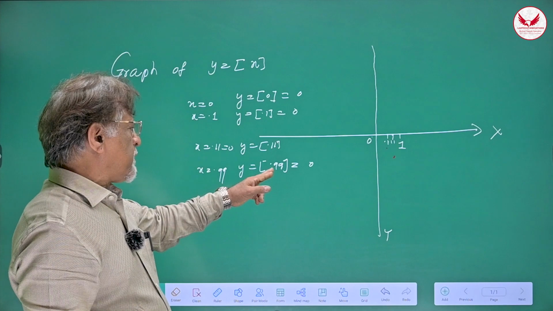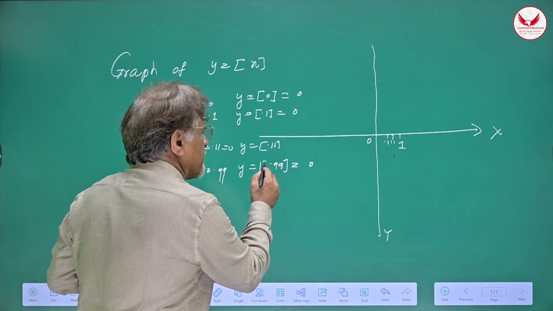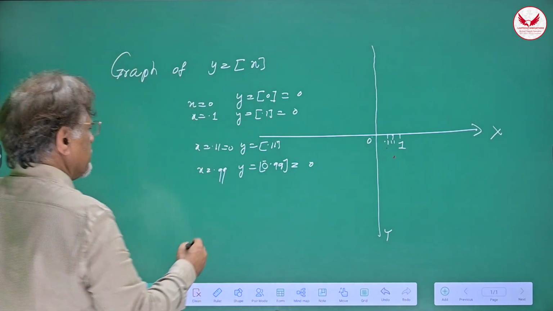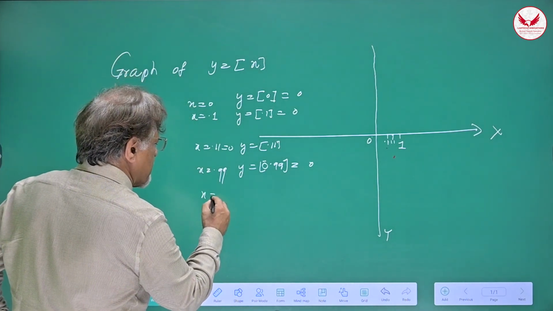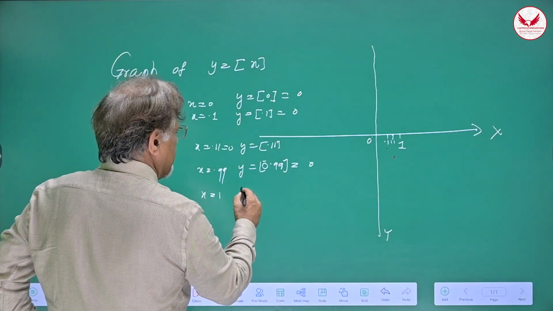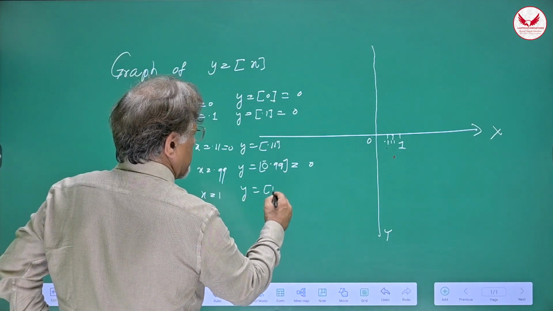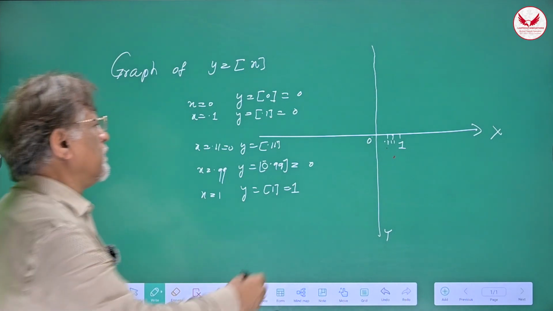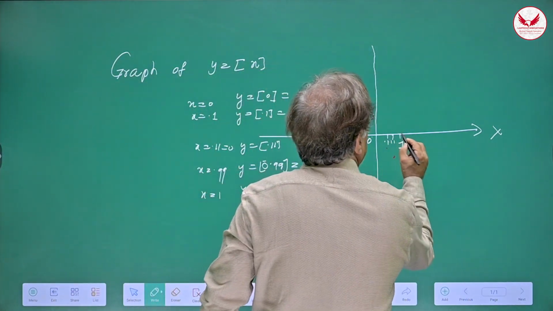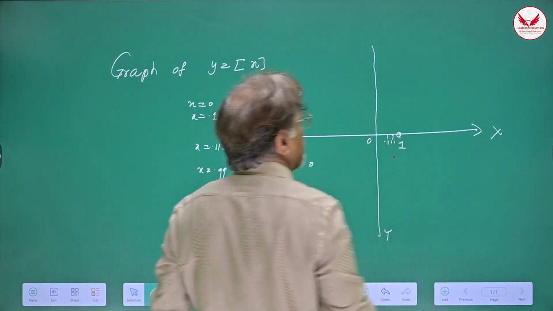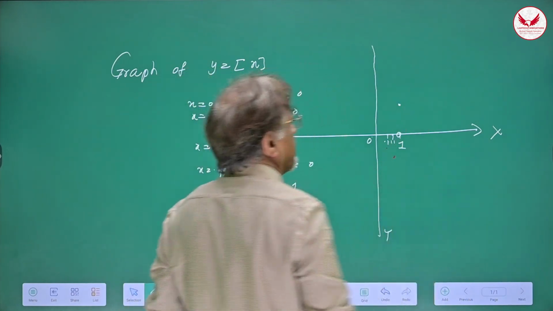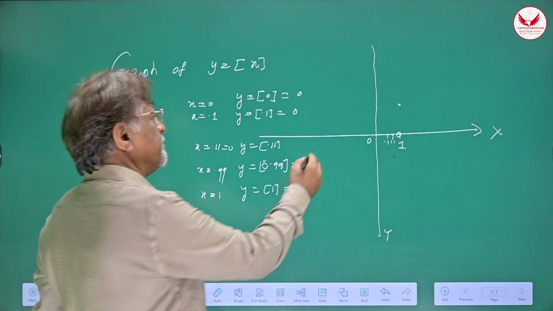Therefore, the integral part is 0. Now, the moment x reaches 1, y becomes the integral part of 1, which is equal to 1. Correct? So before 1, all the values were 0, but at 1, suddenly the graph takes a jump of 1 unit. So it goes 1 unit up.